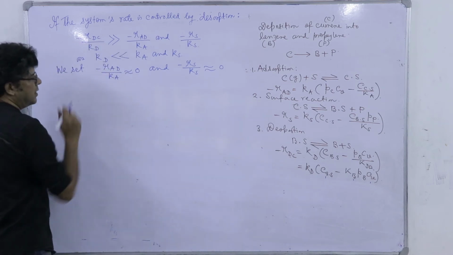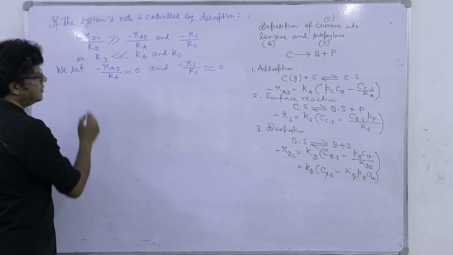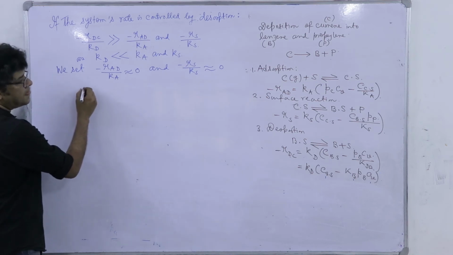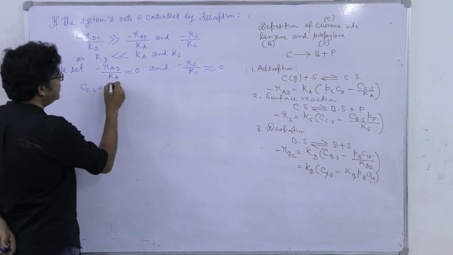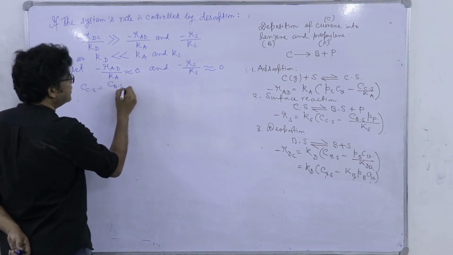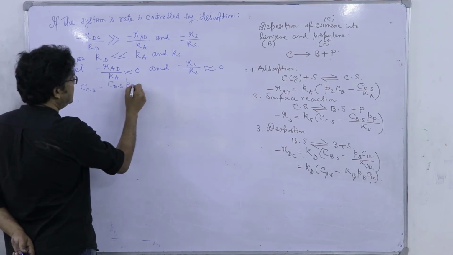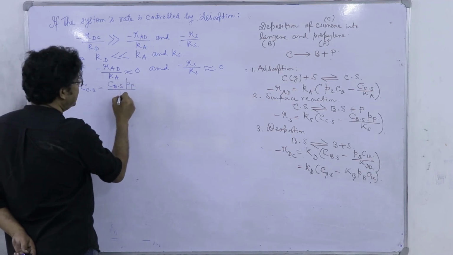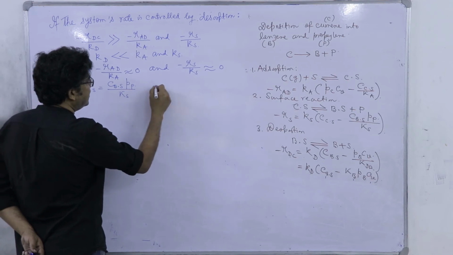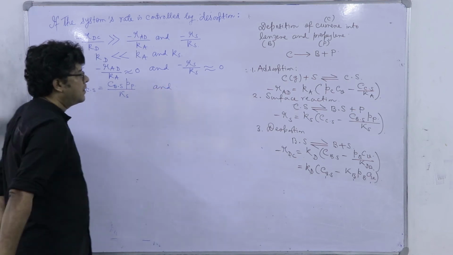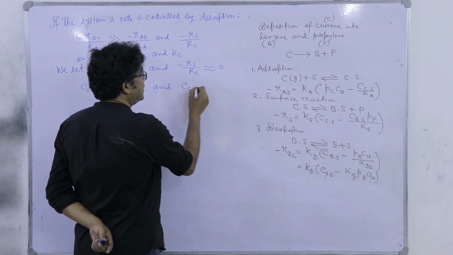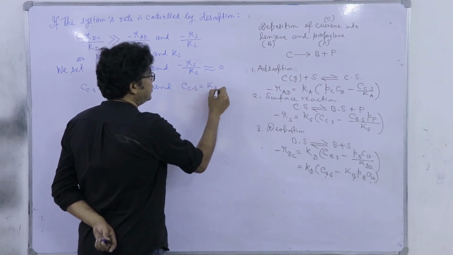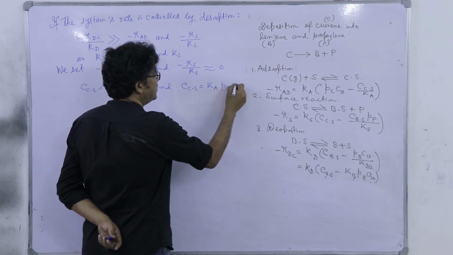So, from here what we will get? C·S is equal to Cb·S into Pp divided by Ks, and from the adsorption we have C·S is equal to Ka Pc into Cv.